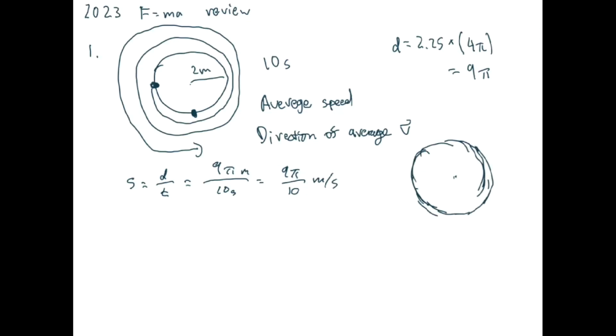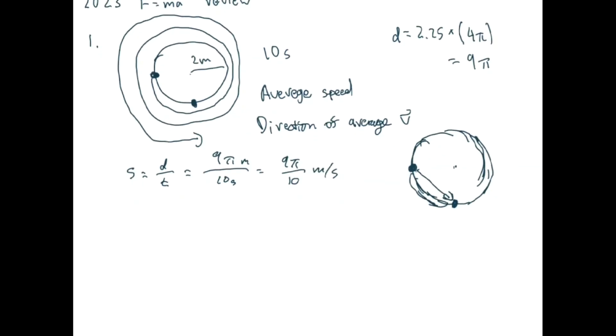So it starts out over here and it'll end up over here. So its displacement will then be this vector from the start to the end point. And when we divide that by time, the direction won't change.